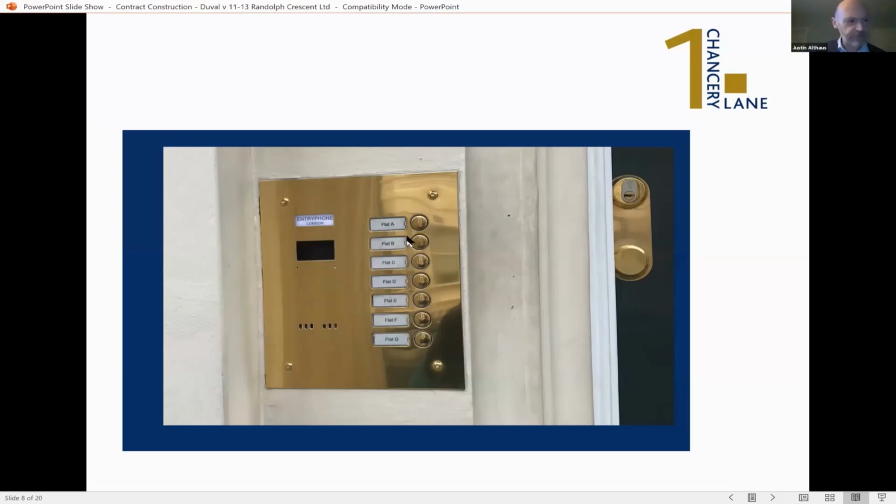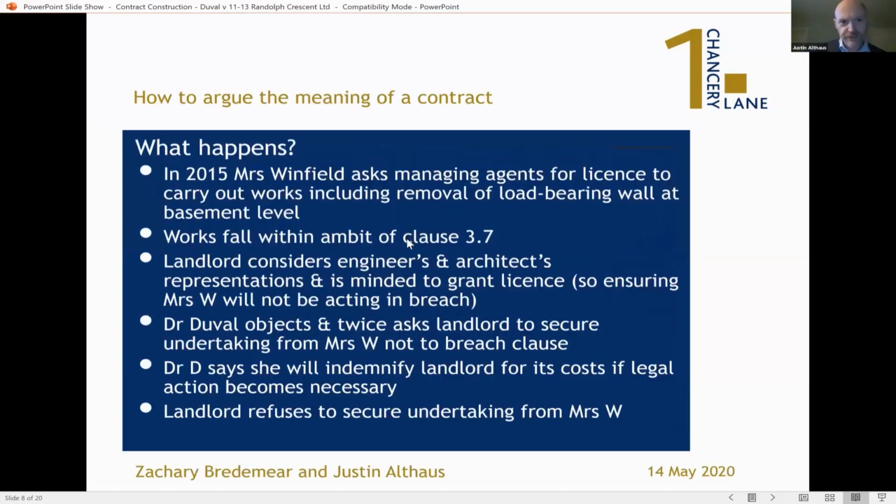So what happens? Well, in 2015, Mrs. Winfield asks the managing agents for a license to carry out works, including the removal of a load-bearing wall at basement level. It's common ground between the parties that those works fall within the ambit of clause 3.7. Remember, that's the absolute covenant, the prohibitory covenant.